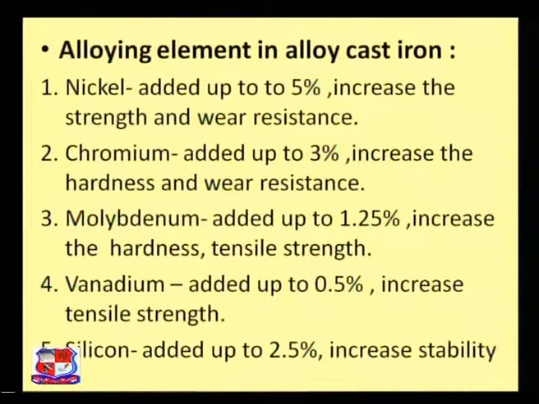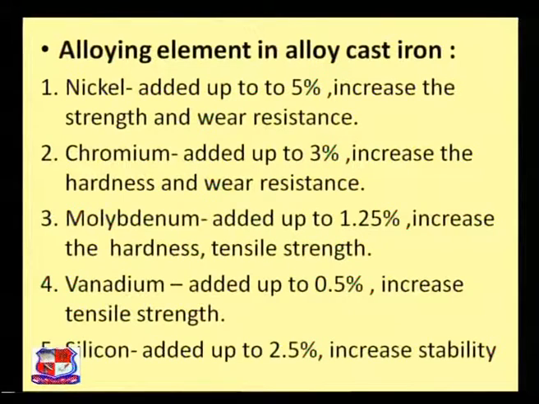Then we add chromium in alloy cast iron, up to 3%, and because we have added chromium, the hardness and wear resistance of the object will be increased. Now we can add molybdenum in cast iron up to 1.25%, and that will increase the hardness and also the tensile strength of cast iron.